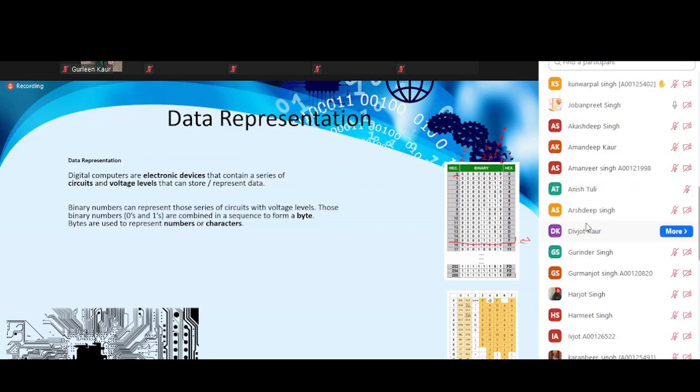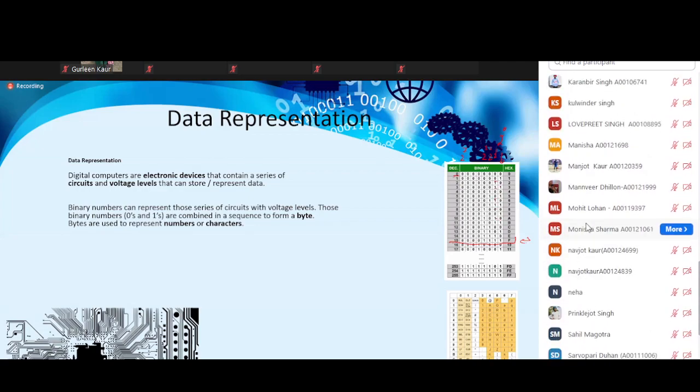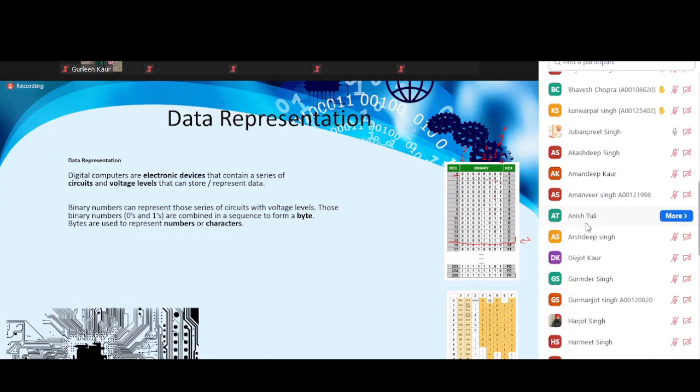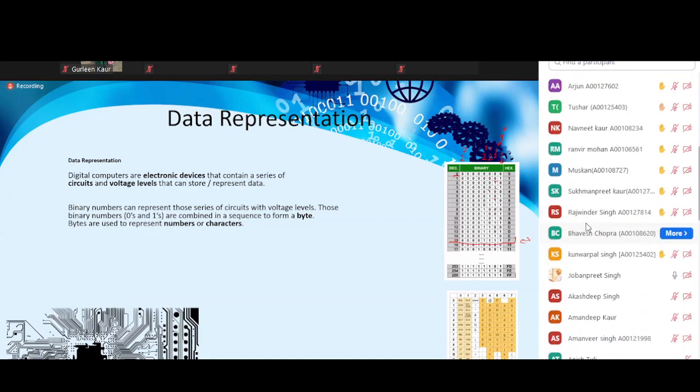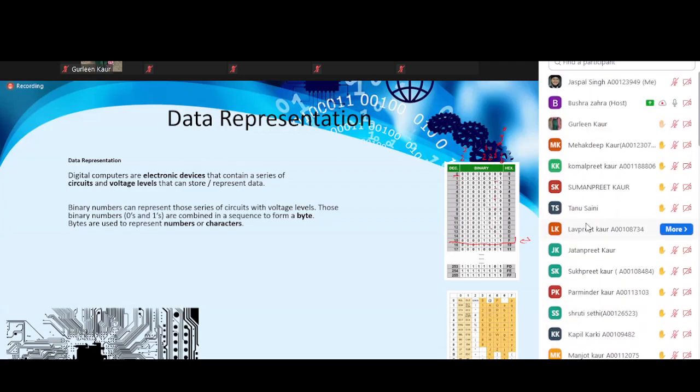In the second bit it changes 0, 0, 1, 1, 0, 0, 1, 1. In the third bit it changes after 4 times zeros and 4 times 1s, right? And then it goes to 8 times zeros and then 8 times 1s, correct?